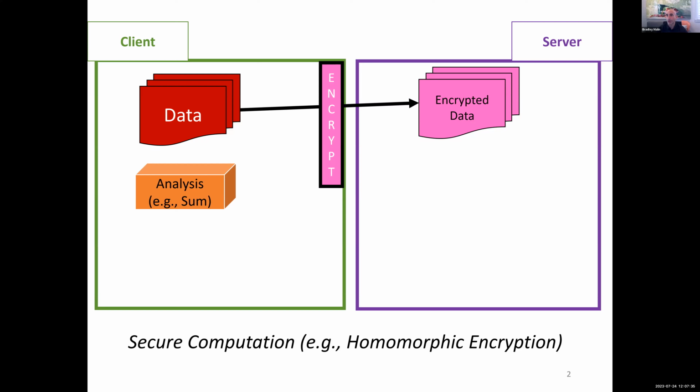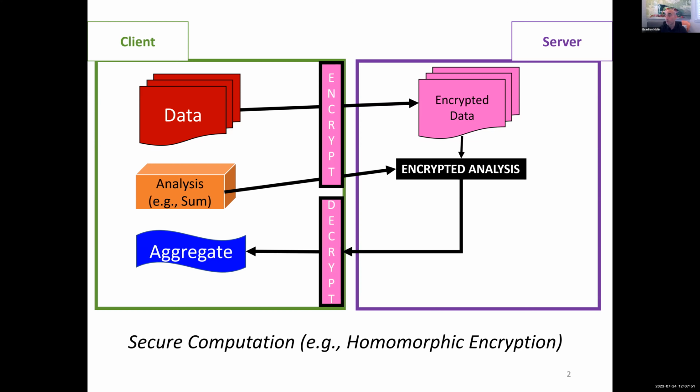I want to send it over to some large compute environment that some organization like Microsoft or Amazon may be standing up. So we'll encrypt the data and send it out to the server, and then the analysis itself is going to be encrypted. And then we get some type of a result back.